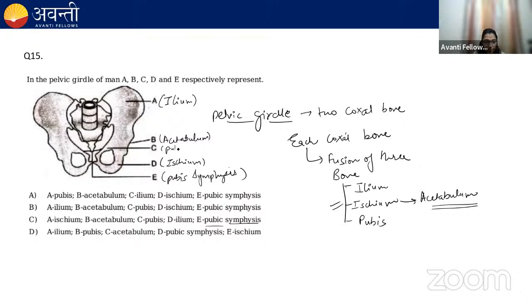C is pubis. A ilium, B acetabulum, C pubis, D ischium, E pubic symphysis. So the correct option is B.